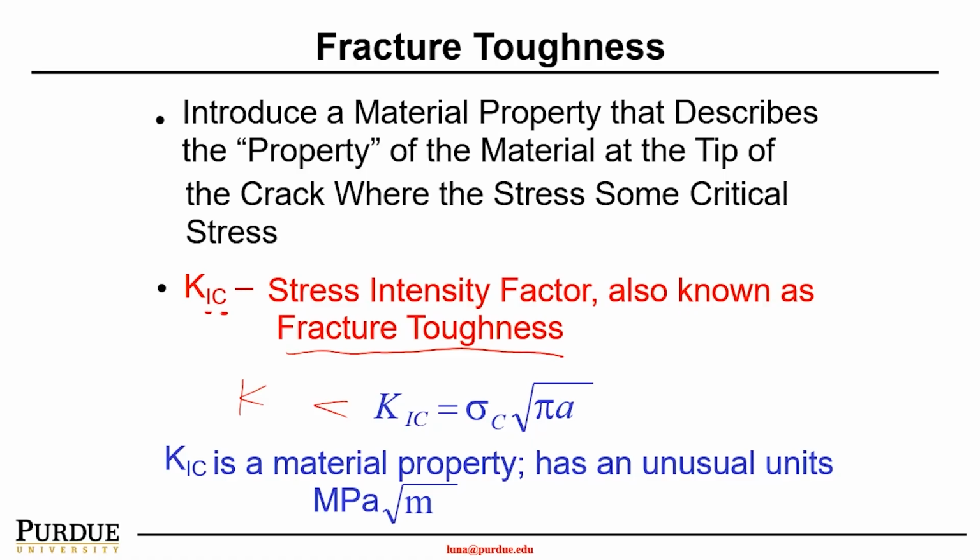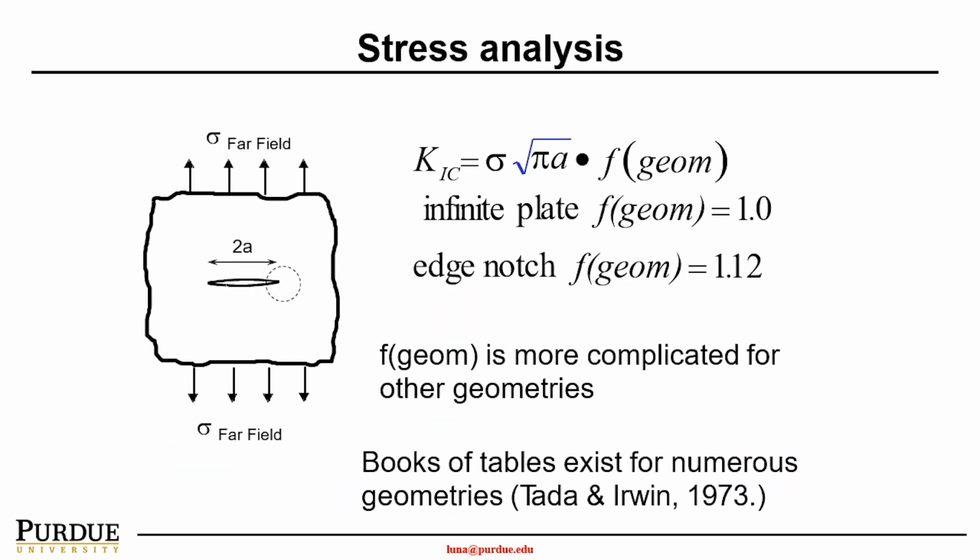So how do we determine K? We can use sigma times the square root of pi times a, where a is half of the length of the crack. K1C is a material property and has unusual units: megapascal square root of meter. So K1C equals sigma C, the critical stress, times the square root of pi a.